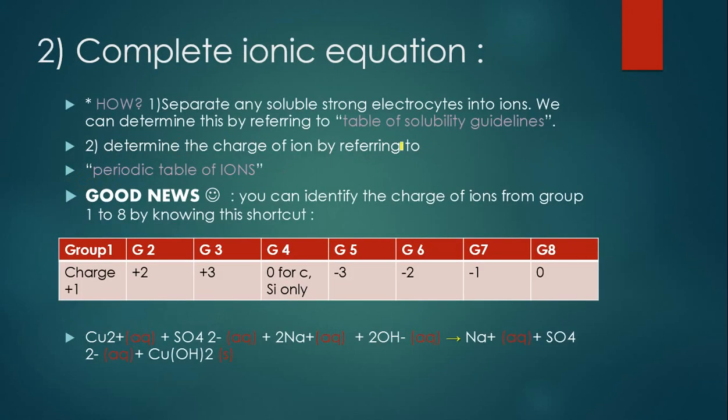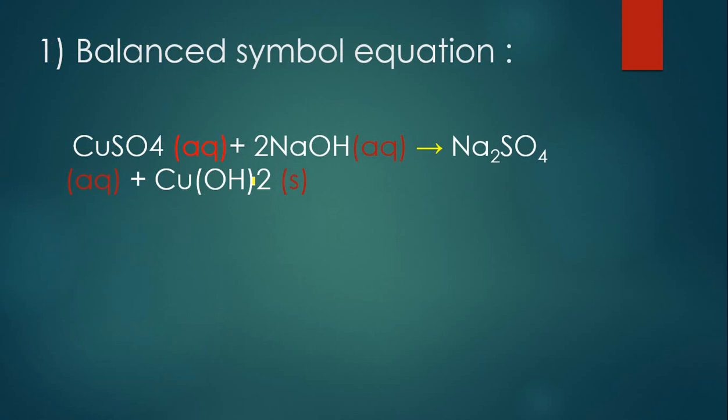To do that, we have to refer to a table of solubility guidelines. Basically, that means we want to know which of these are soluble and which are not. When they are soluble, we can separate them, and when they're not soluble, like this one, we cannot separate it.